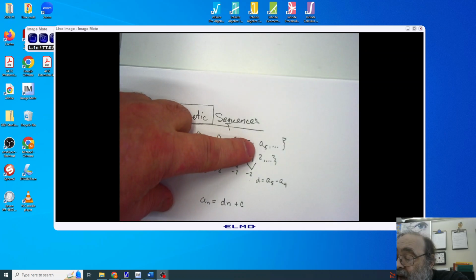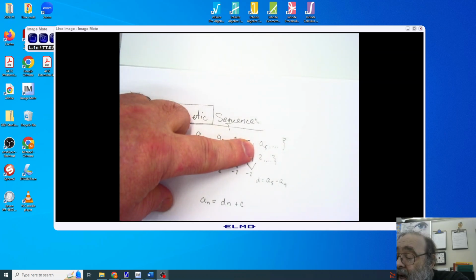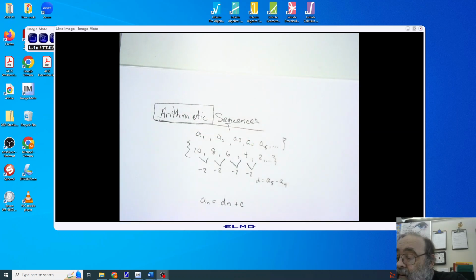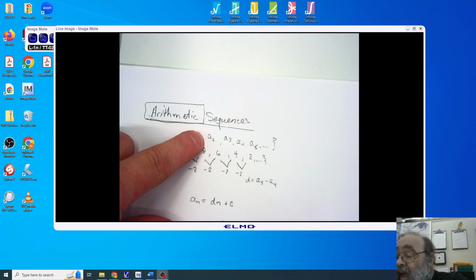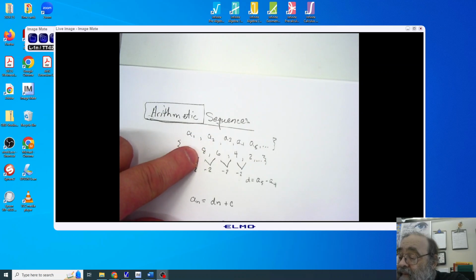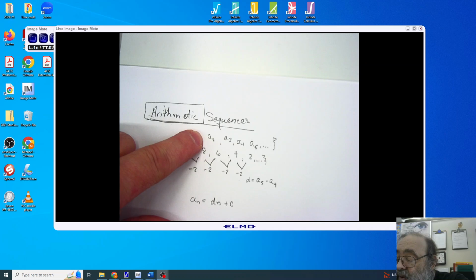So if I'm working with a sub 5, 2 has to equal negative 2 times 5 plus c. And you'll notice that when I add this, I end up getting 12 equals c. If I decided to work with a sub 2, I would have 8 is negative 2 times 2 plus c, and when I add 4, I get the same c value.